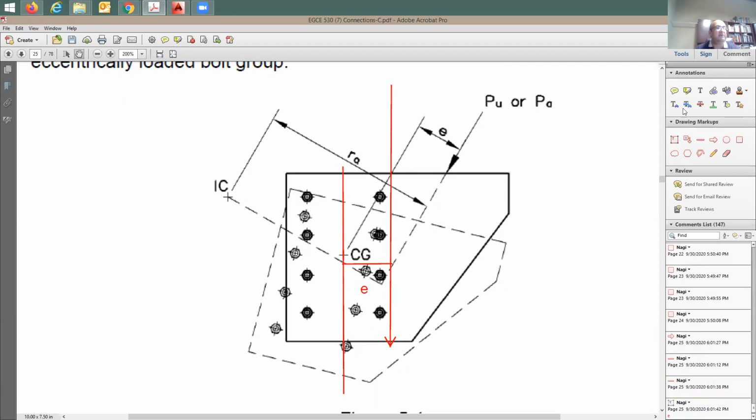And this force is going to be called P sub U, like ultimate load. This means that you're going to have some rotational moment, a moment coming clockwise. And you also have a vertical force. Now you have 8 bolts, am I correct? 8 bolts. Each one of these bolts is going to be exposed to a force.